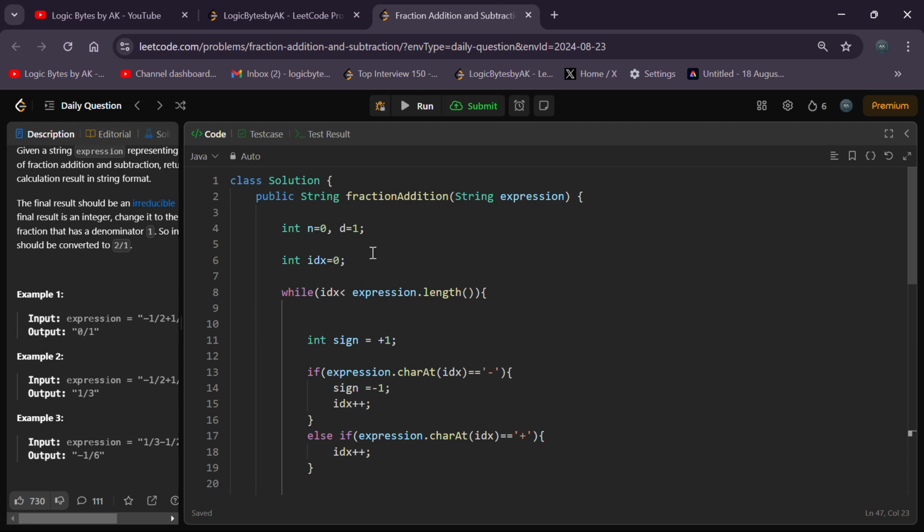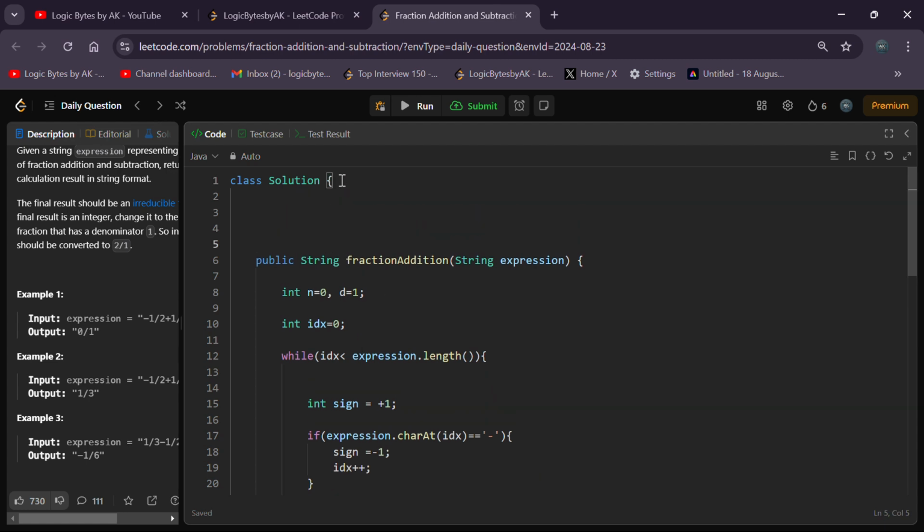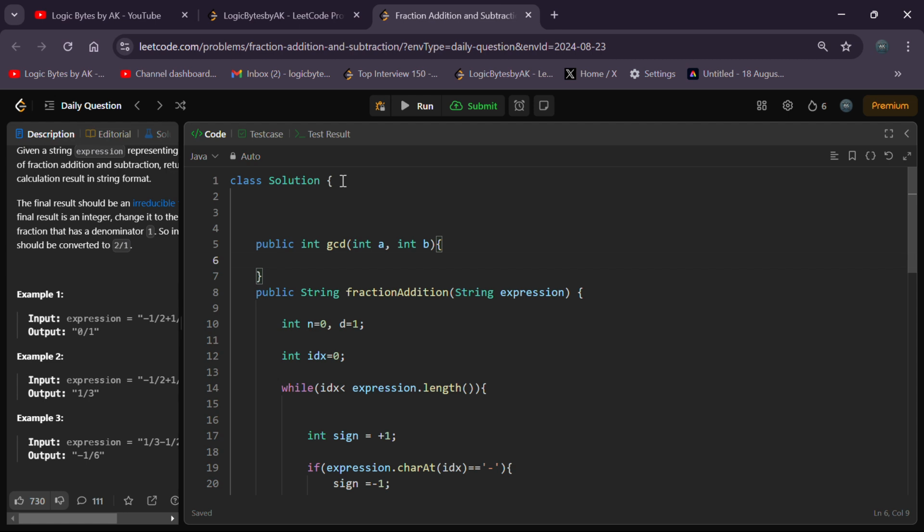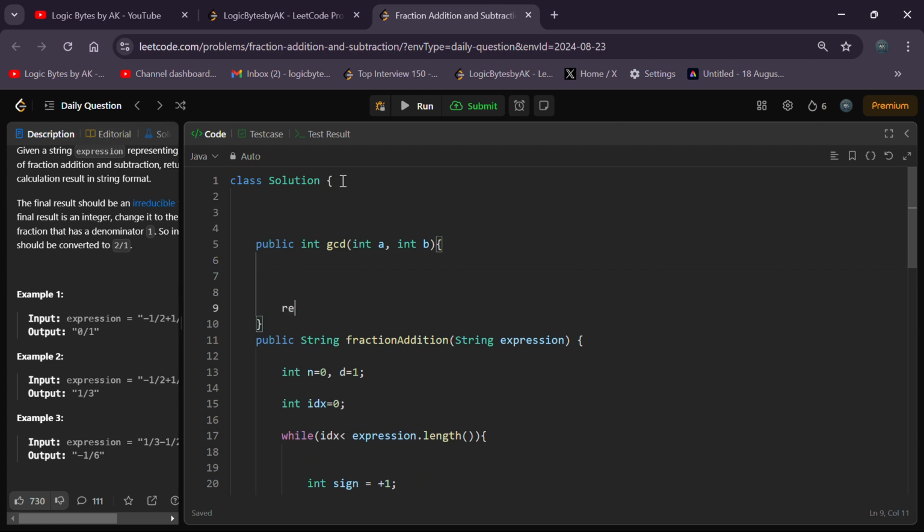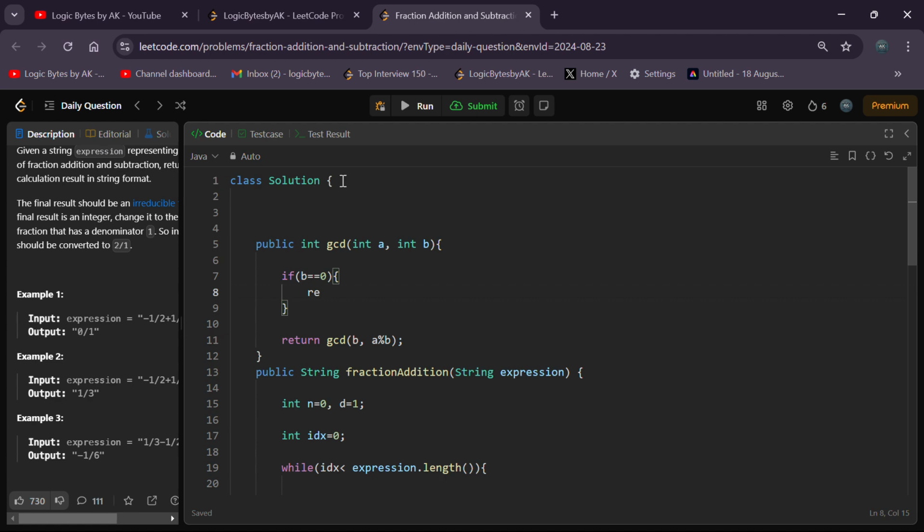So we define the GCD method. We write it here: public int GCD, and you know the GCD, which is a basic function for a computer science student. It is a recursion function. We return GCD of b comma a mod b, and whenever our b equals 0, we return a.